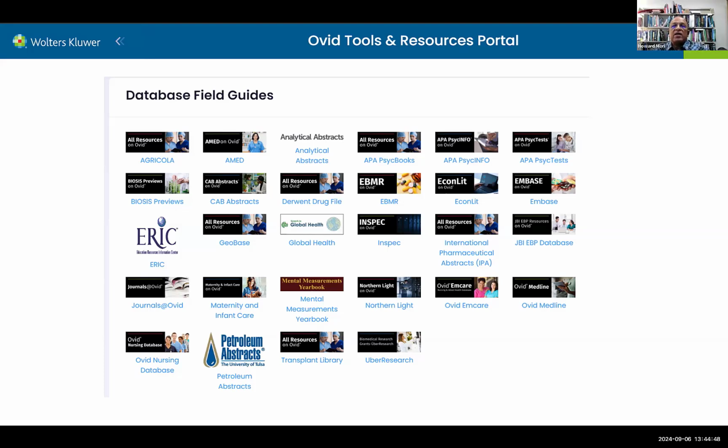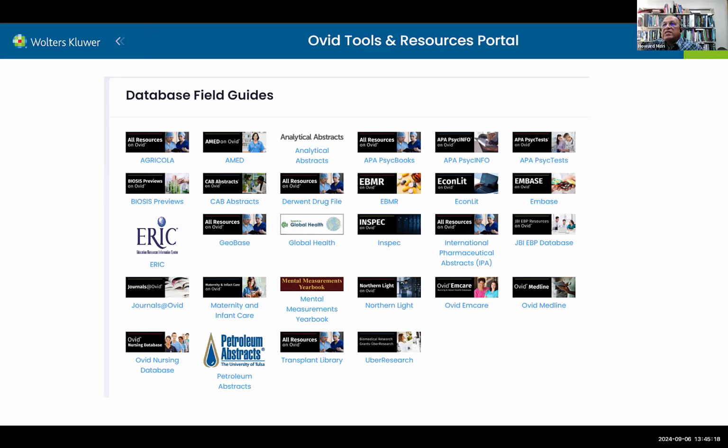But something that surprised me when I went to the first one here, Agricola, and looked at the list of fields, I was looking for the keyword. They don't have a keyword field on that particular database. So if I were to create a keyword search strategy and apply it to that one, it may not work. They have some keywords probably on the title only, but not keywords as we typically search on many other fields.